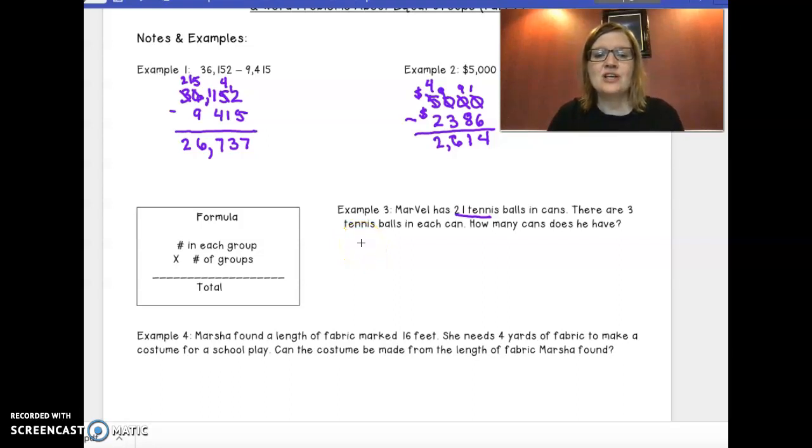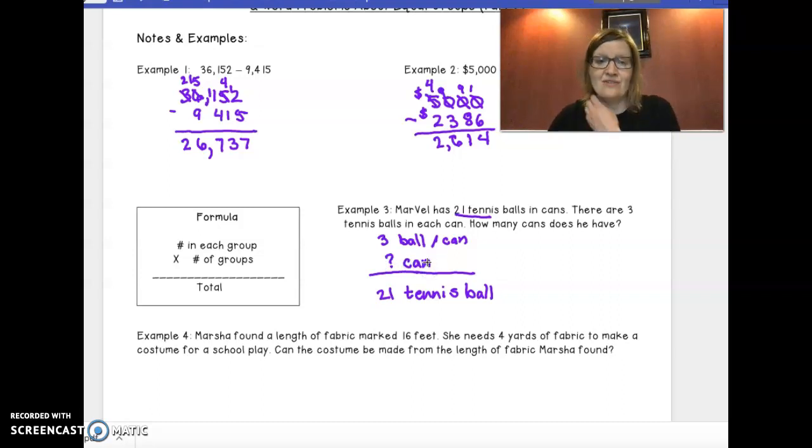And in this situation, our total is 21, because we know that we have 21 tennis balls. Now we go backwards. There are 3 tennis balls in each can. The question that we have is, how many cans does he have?